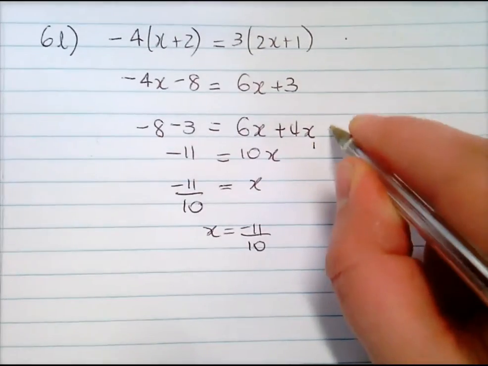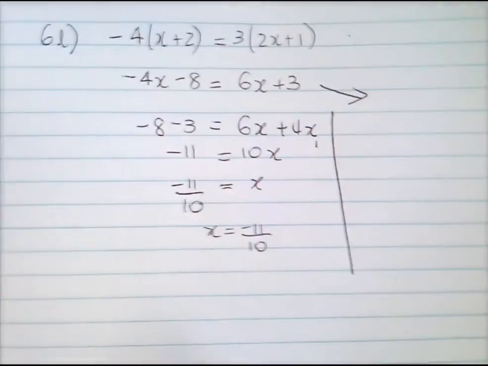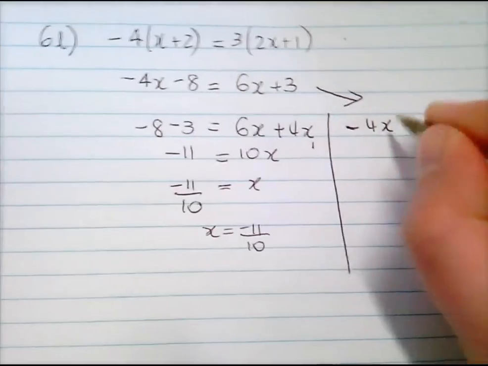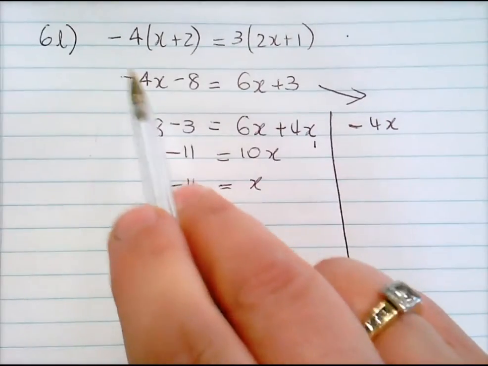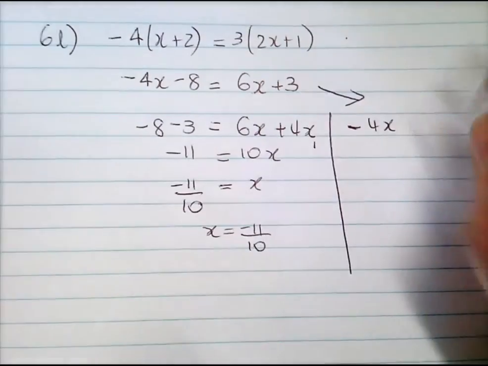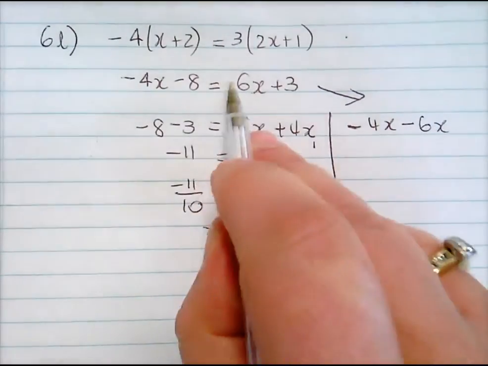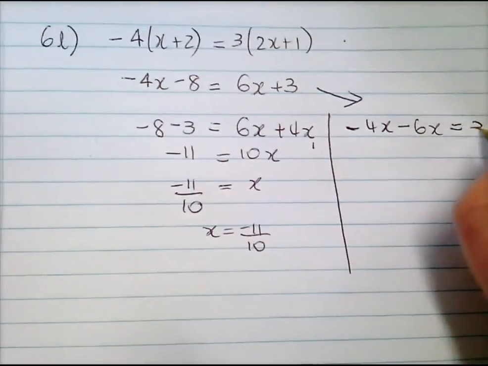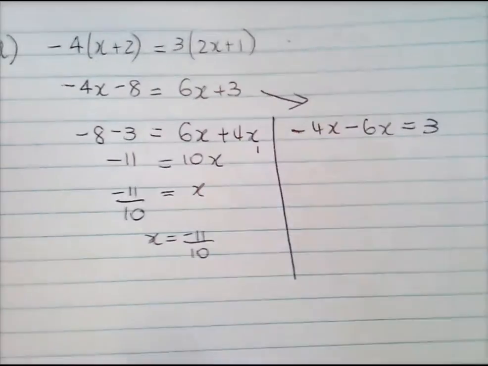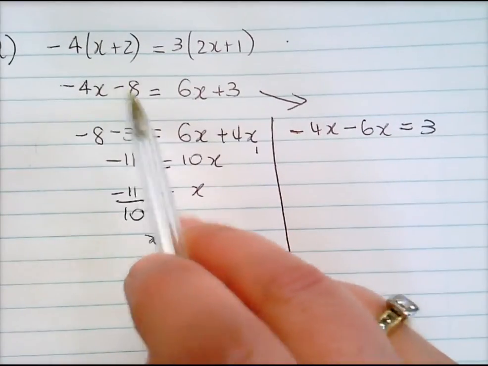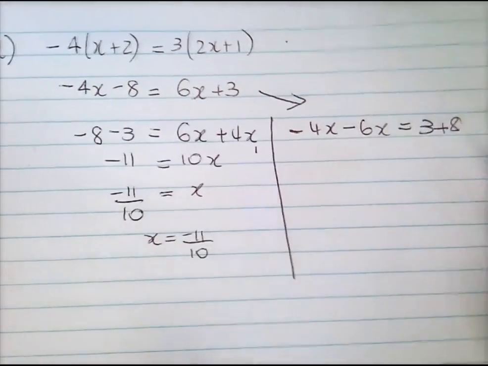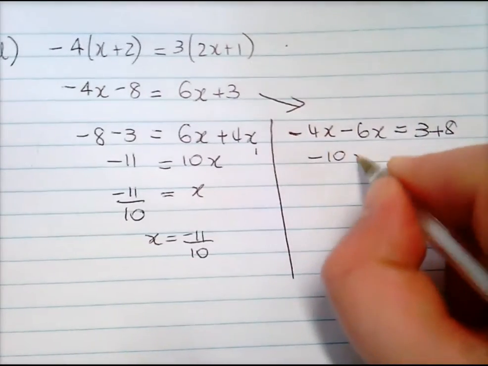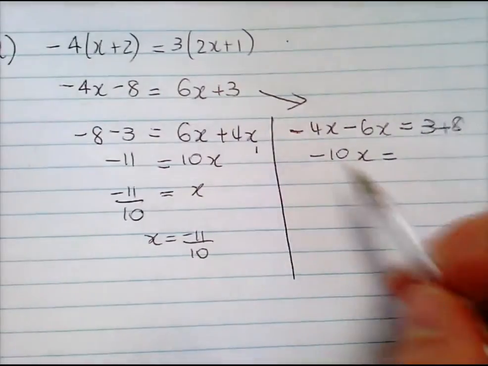Okay, the other thing you could have done from this stage is keep the x's on the left. I'm going to keep the minus 4x here and bring the inverse operation of plus 6x, which is take away 6x. Keep the 3 on the right. Inverse of take away 8 is plus 8. So this is the other way if you have to have pronumerals on the left.